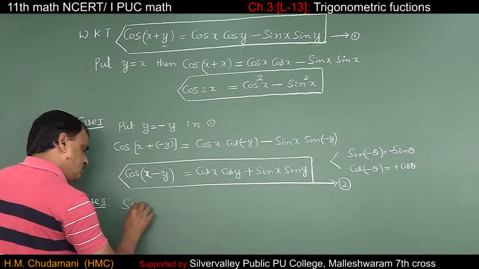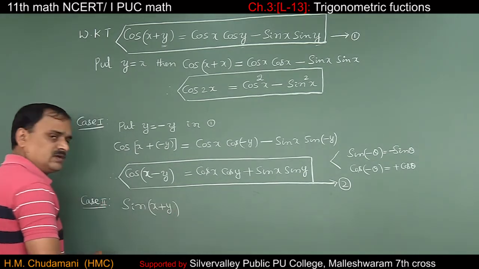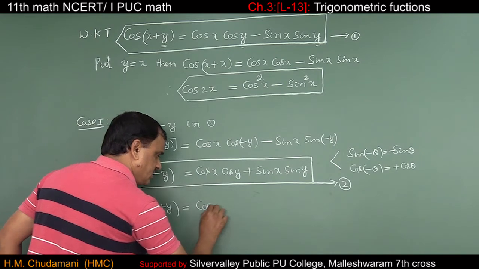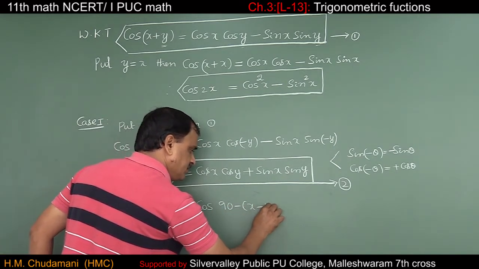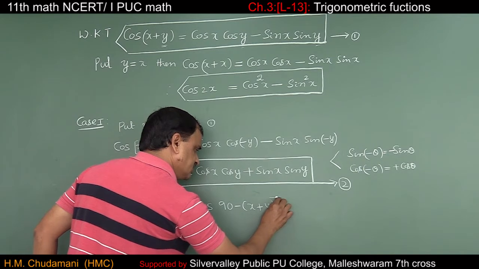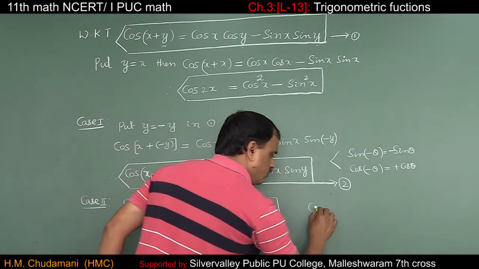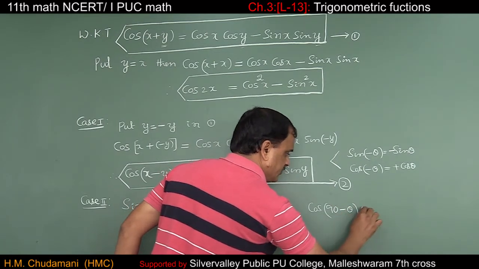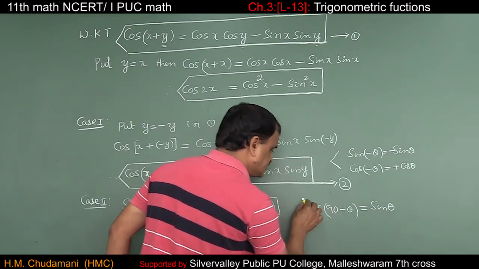Let us find out sin of x plus y. Sin of x plus y can be written, by using allied angles, as cos of 90 minus theta. What is cos of 90 minus theta? 90 minus theta, first quadrant, all are positive.